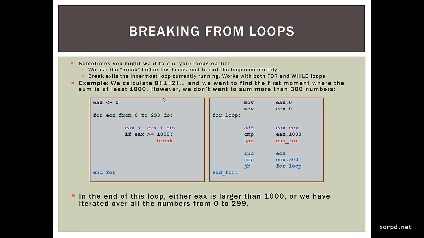Maybe, for example, when we get here, ECX is not yet 299. Maybe it is only 200. And if we get to this point where EAX is greater or equal than 1000, we break immediately. This is what we want to be able to achieve with assembly code.